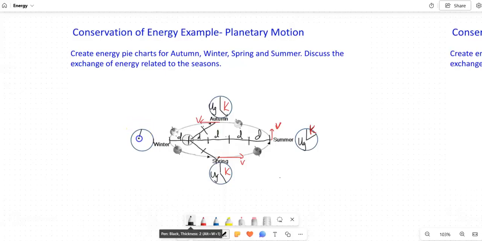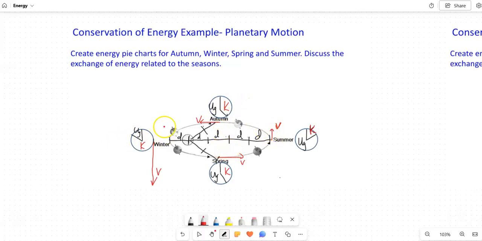Potential energy is going to be at its minimum, and kinetic energy will be at its maximum. Again, this is during the northern hemisphere summer. Which means its velocity vector is going to be 4 times greater than that. But if this was the velocity vector, I don't know. Actually, that's not true. It'll be a lot bigger than this one.